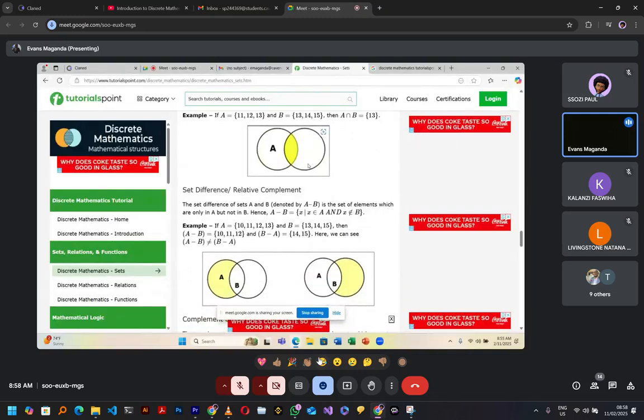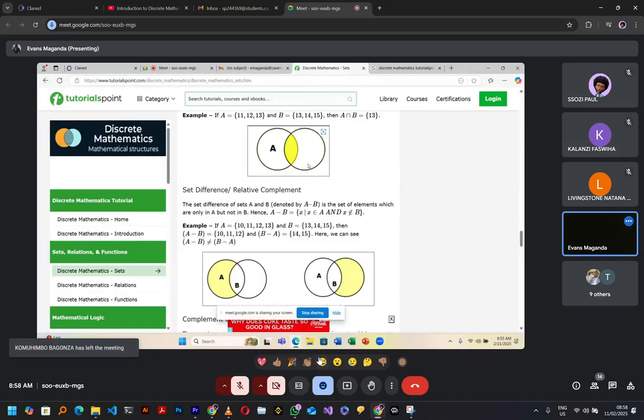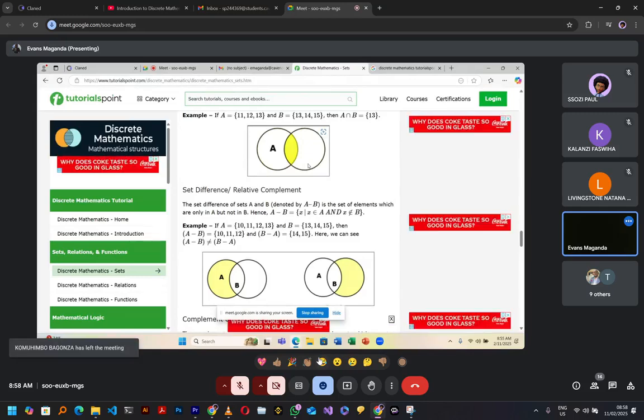Then we have what we call set difference, or relative difference.